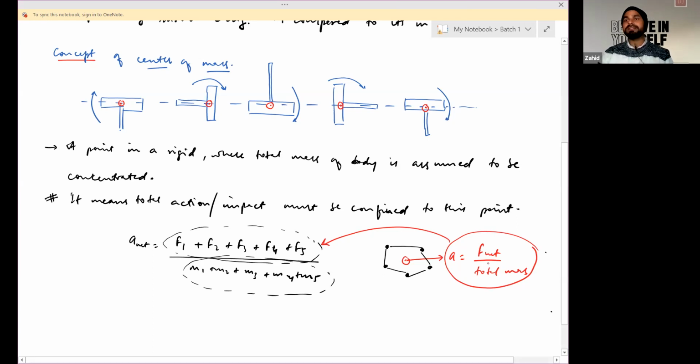So this is the concept of center of mass. Why do we define the concept of center of mass? Instead of calculating individual terms for a particular system, we just take a point called the center of mass, which is treated as the point where the whole impact of force, momentum, or any action is confined.